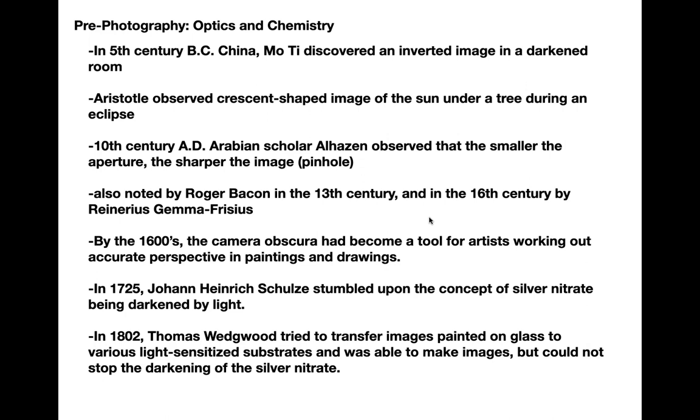He's also using silver nitrate. He's figured out a way to make images on it, but he can't keep the images. The light darkens it enough to make an image, but then it continues to darken. So eventually they darken so much that the image is gone. That's a big problem, but you can see they're getting closer.